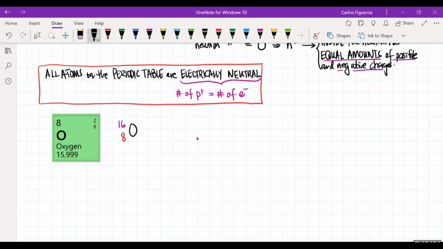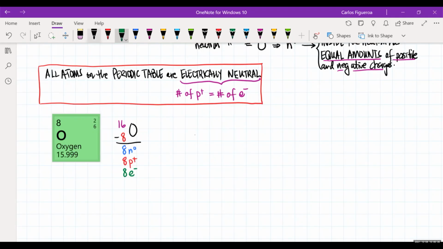So if this is oxygen, now if I subtract them, I could immediately say, okay, I have 8 neutrons. I have 8 protons, but now I know that I have 8 electrons too, because those numbers are exactly the same.